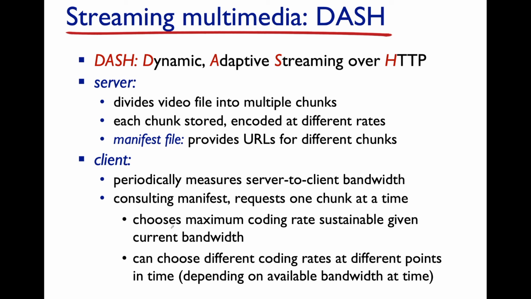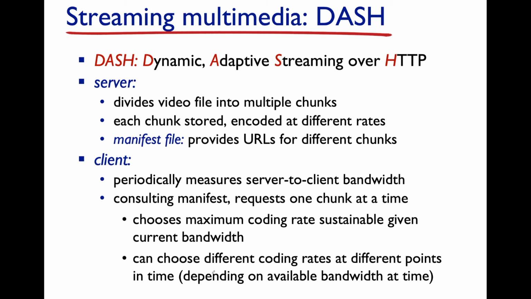And now, based on this bandwidth measurement, the client then adjusts and can either choose between a high resolution, medium resolution, or low resolution version of that same chunk based on the available bandwidth measurement that it perceives. And so the client chooses the maximum coding rate that is sustainable given the current measured bandwidth. And it can switch while the video is streaming.